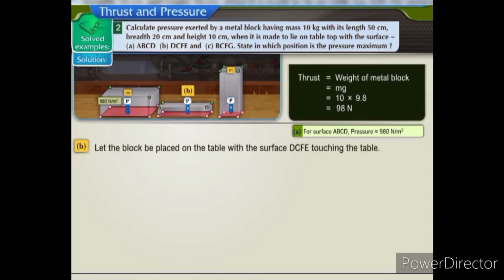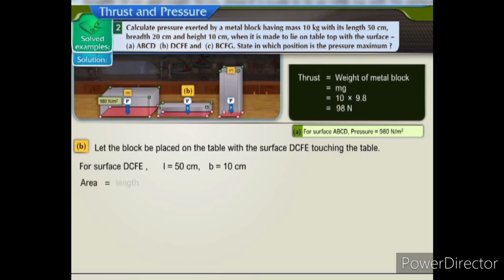B. Let the block be placed on the table with the surface DCFE touching the table. For surface DCFE, length is equal to 50 centimeters, breadth is equal to 10 centimeters.